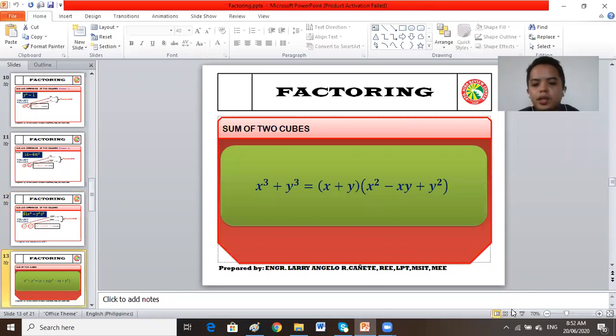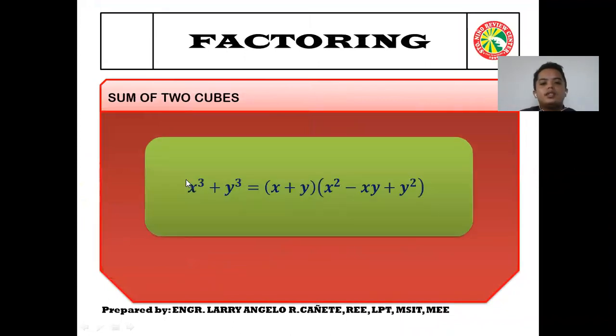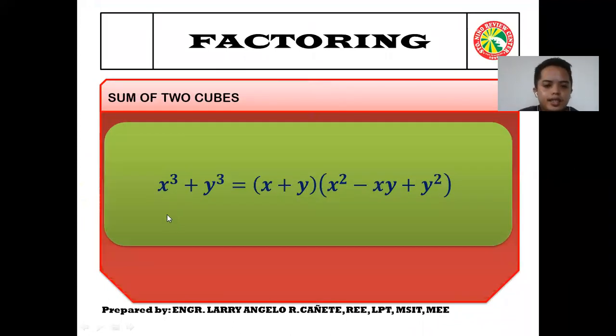So let's proceed with the next one under factoring: the sum of two cubes. First is x cubed plus y cubed. So this is a sum of two cubes, because this is a cube of x and a cube of y, and the precedence now is plus.